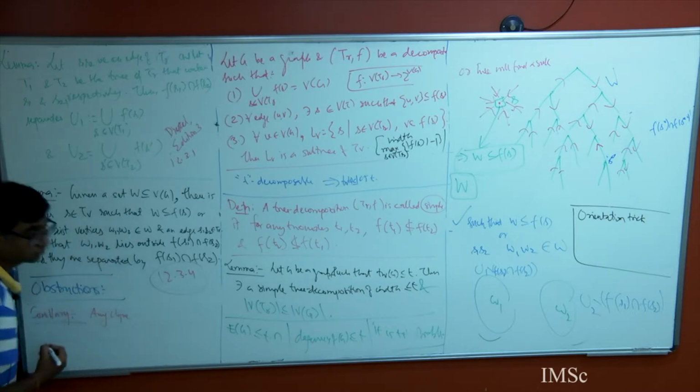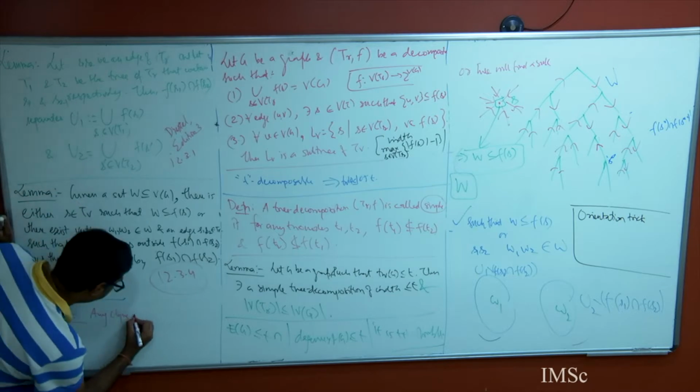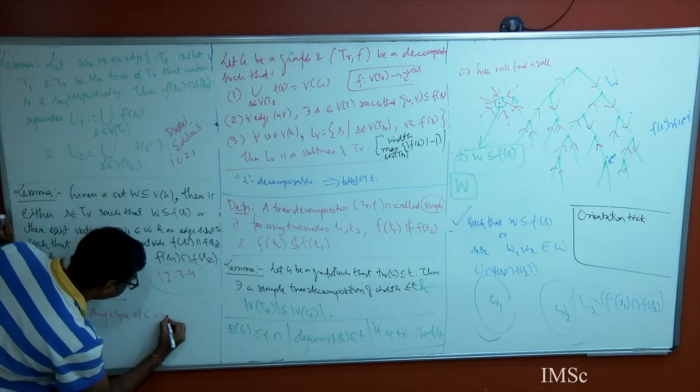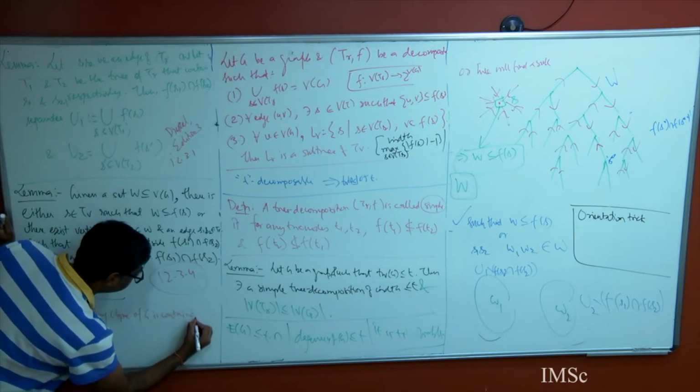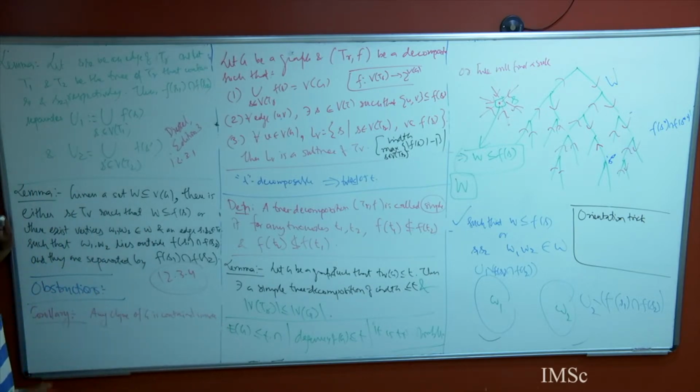Any clique of G is contained inside a bag. So if your graph G has a clique K, it is contained inside some bag. Why?